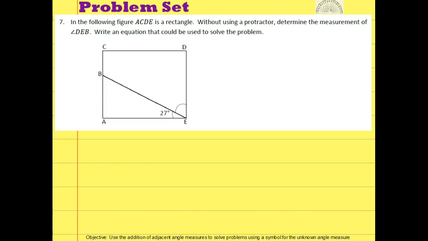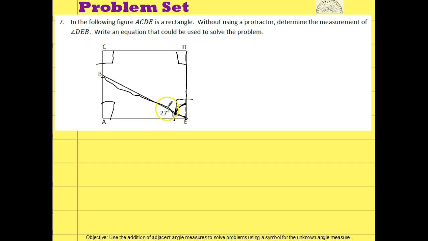All right, in the following figure, ACDE is a rectangle. Without using a protractor, determine the measurement of DEB. Okay, so here is DEB, this angle right here. Write an equation that could be used to solve the problem. Well, what we know about rectangles is all of these are 90-degree angles, every single one of them, including this one.